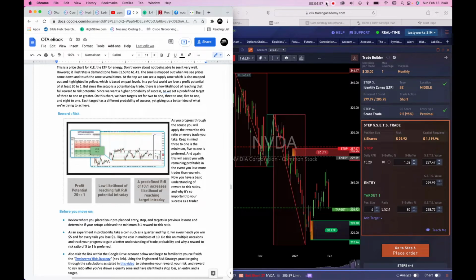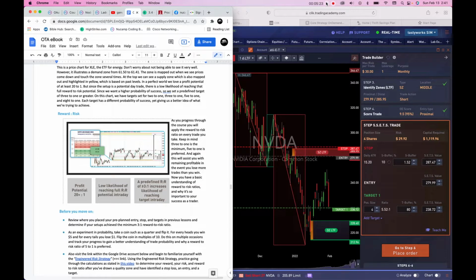Just understand that it illustrates a demand zone from $61.50 to $61.41. The zone is mapped out when we see prices come down and touch the zone several times. At the top, we can see a supply zone, which is also mapped out and also highlighted in yellow, and it is also based on past levels.